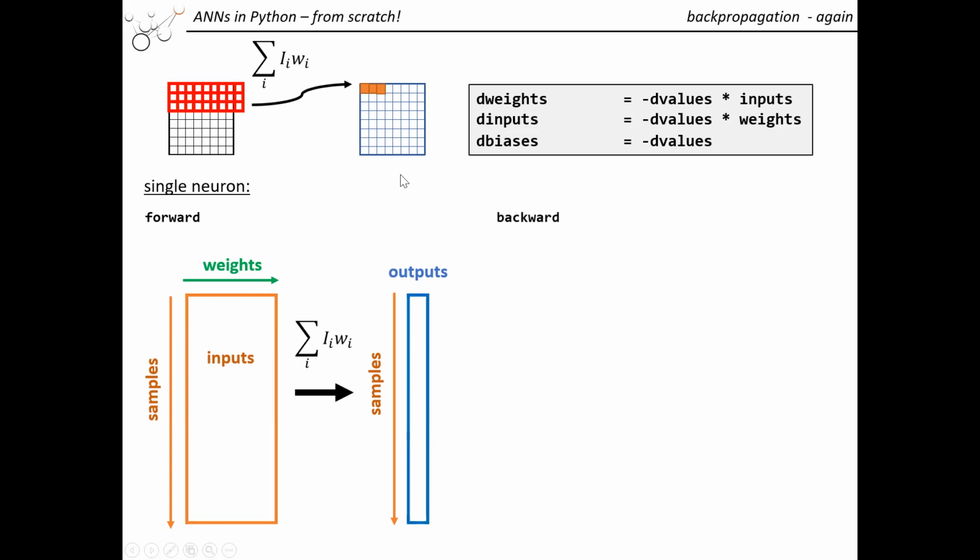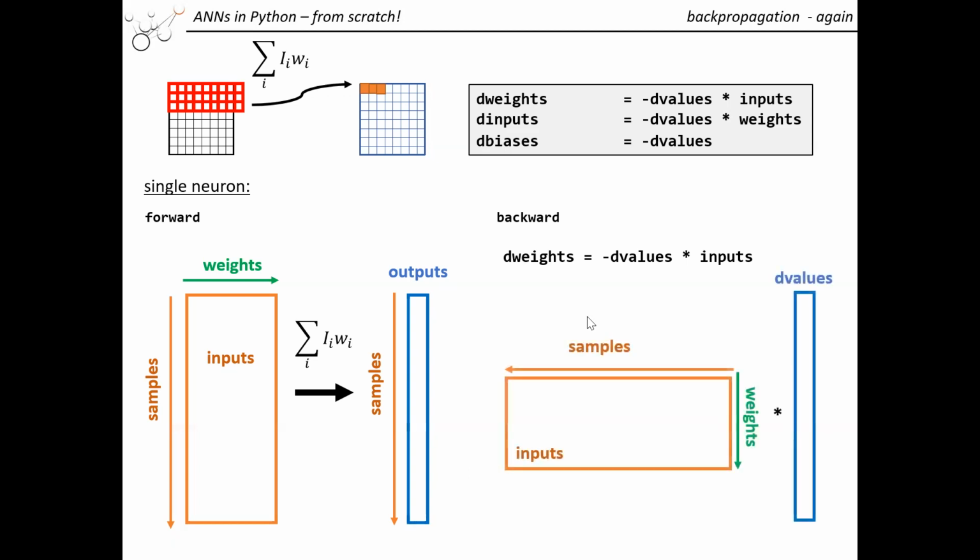And now if we want to do the reverse, so let's say for the weights, so we want to calculate the weights, then we have to multiply the d values with the inputs. And of course, the d values must have the same shape as the outputs because they come back to the backward part. And we want to multiply this with the inputs. So the only way how to do this is this way.